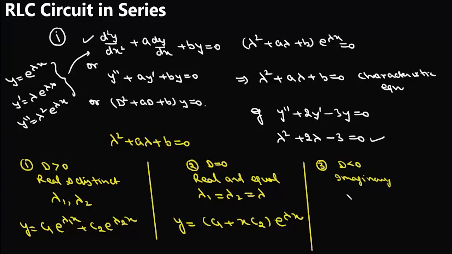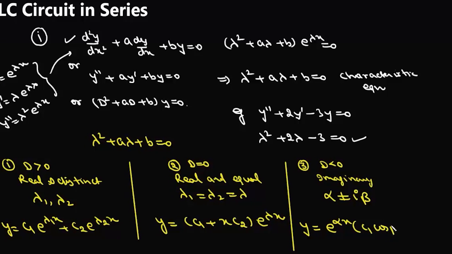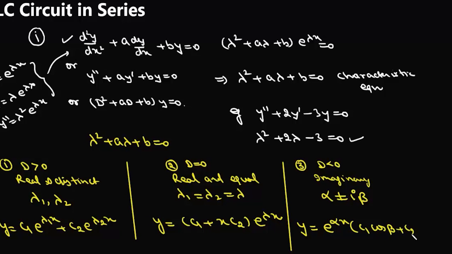The roots will be of the form alpha plus minus iota beta. In that case the solution is given by y equals e to the power alpha x (c1 cos beta x plus c2 sine beta x).